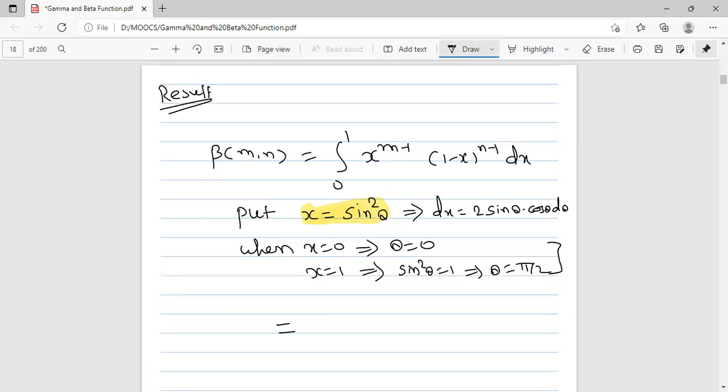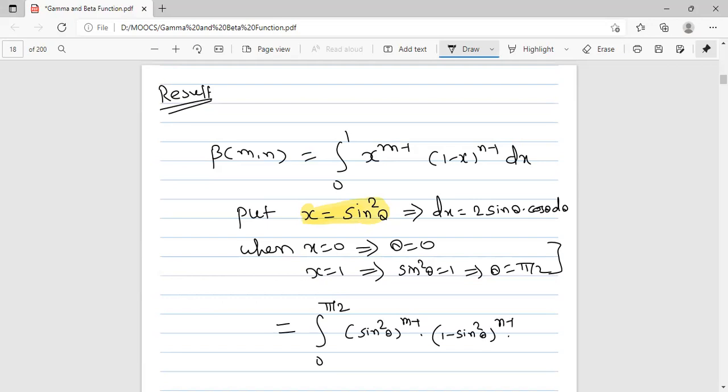Therefore, the above integral becomes 0 to pi by 2, where I am putting x equal to sine square theta: sine square theta raised to power m minus 1 into 1 minus sine square theta raised to power n minus 1 dx.